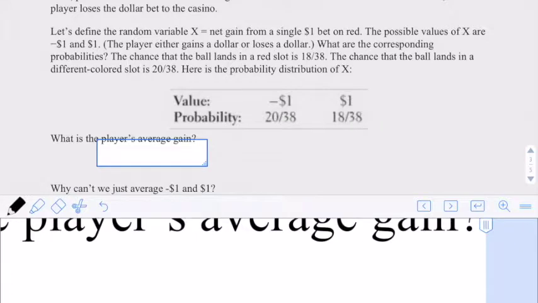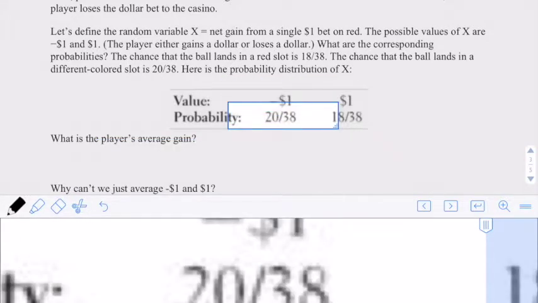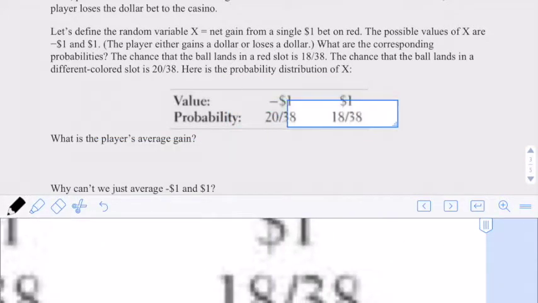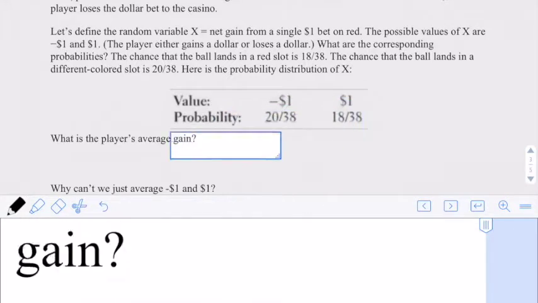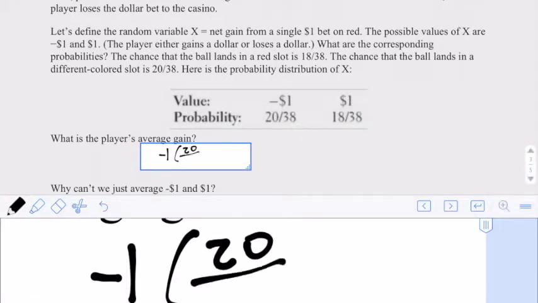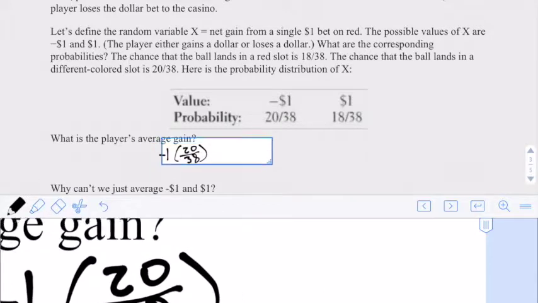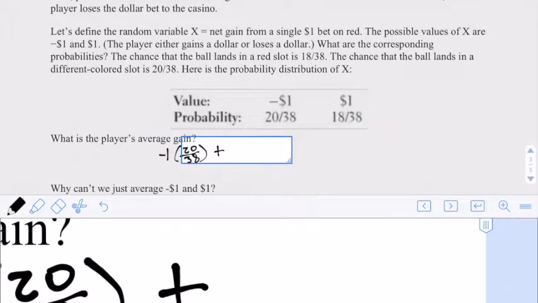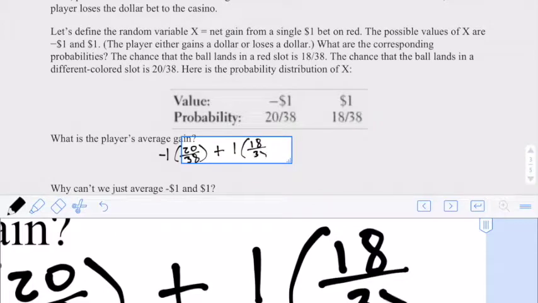Well, this has a probability of 20 out of 38, and this has a probability of 18 out of 38. So all we're going to do is multiply. That negative 1 is going to be multiplied by this probability, that's the likelihood it would happen, plus we have $1 times the 18 out of 38.